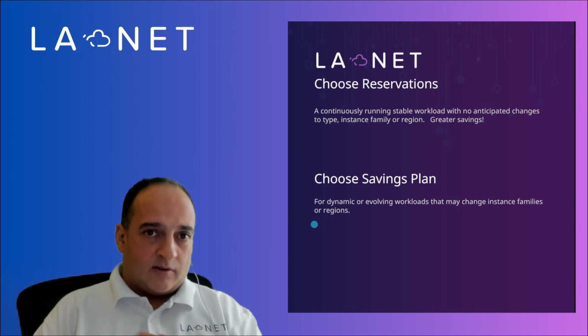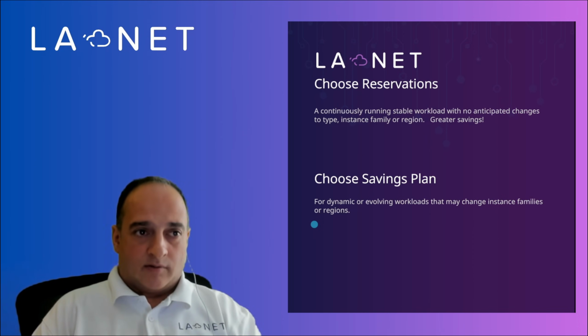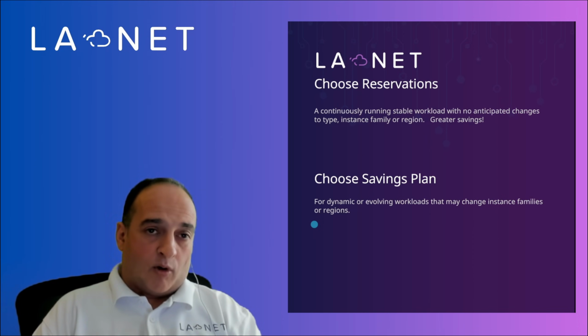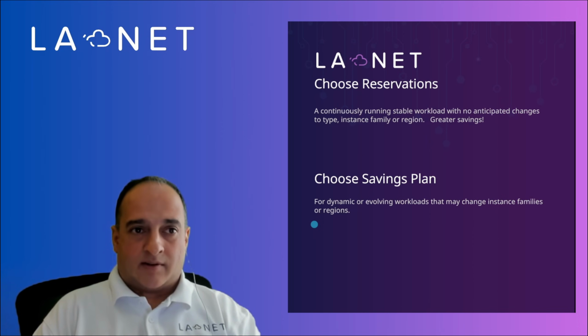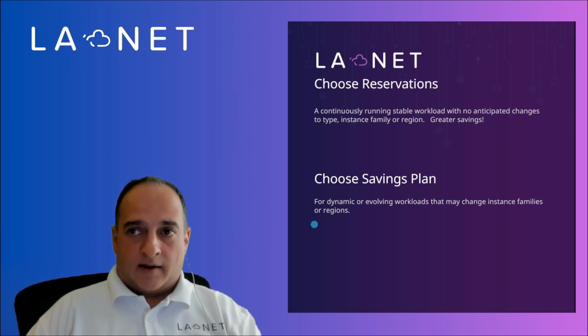So if you're not changing those things frequently, then a reservation could be the right way, because you get much more of a discount on those as well. For more dynamic and evolving workloads, or things that might change, and also change regions, a savings plan may be the best option for you, but speak to your license provider or your distributor for that as well, to look at your specific scenario.